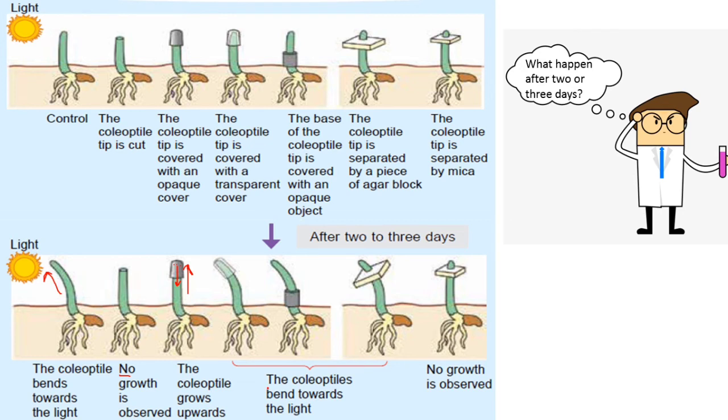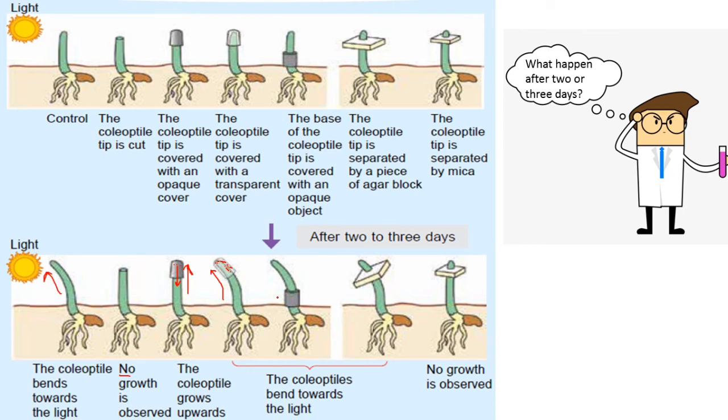But when the experiment is treated with the transparent cover, the coleoptile will receive light. So the auxin will move to the shaded region, the other side. So it will make the coleoptile show phototropism, positive phototropism.